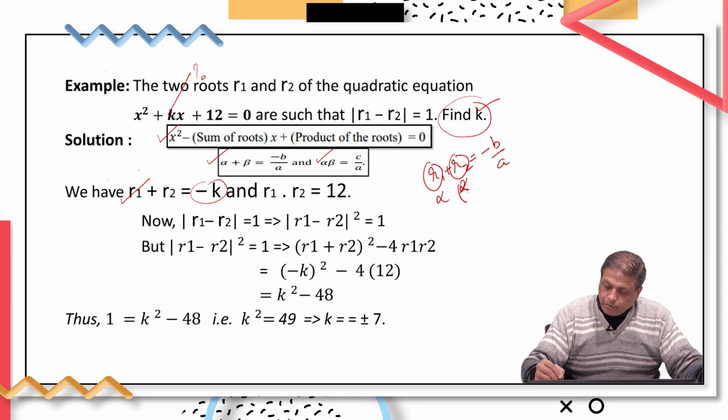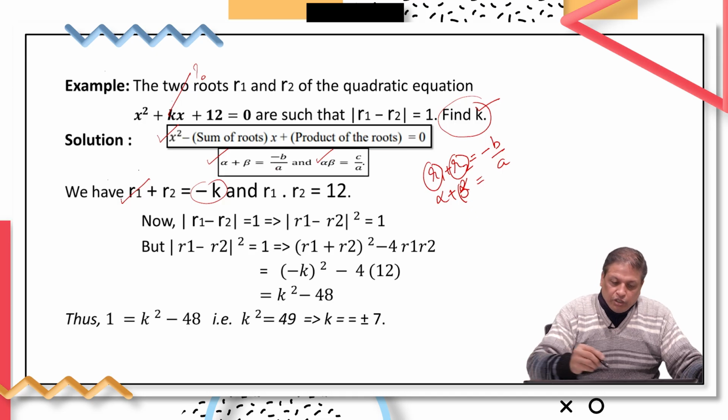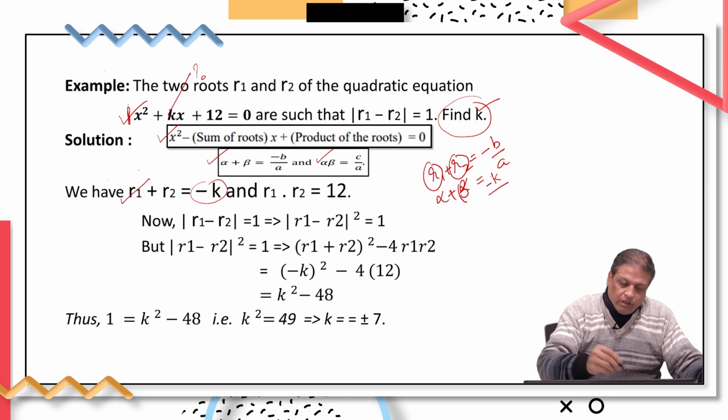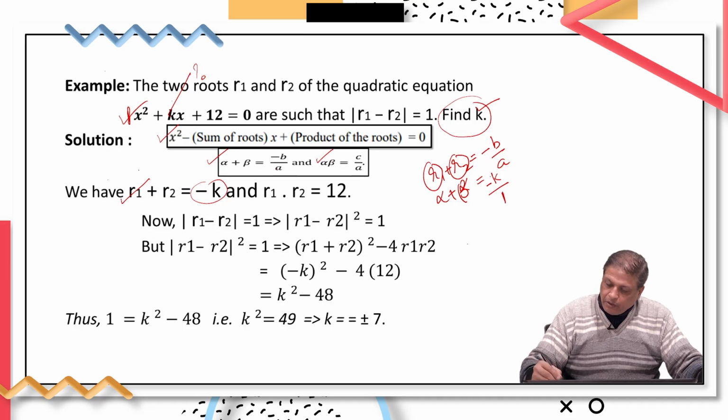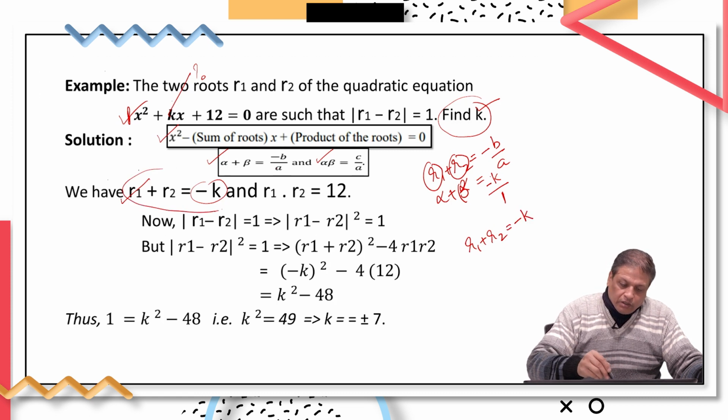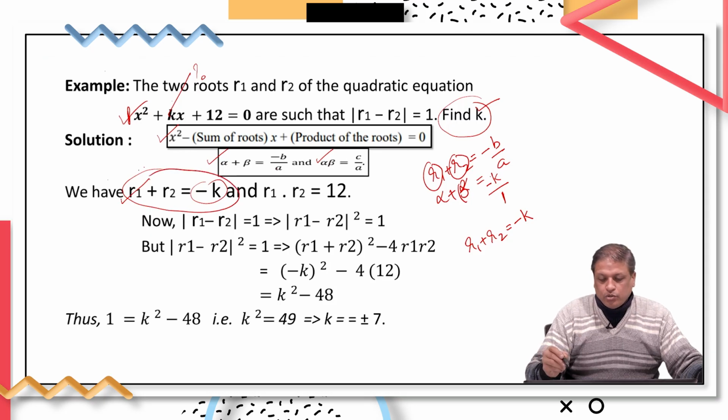So, alpha plus beta is equal to minus of b by a. What is b in this equation? b is nothing but k. And what is a? a is nothing but 1. So, minus k upon 1. That means r1 plus r2 is equal to minus k. I hope you understood how we got this expression.